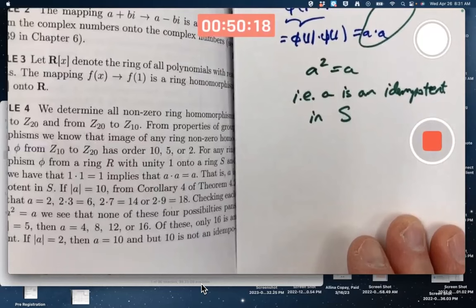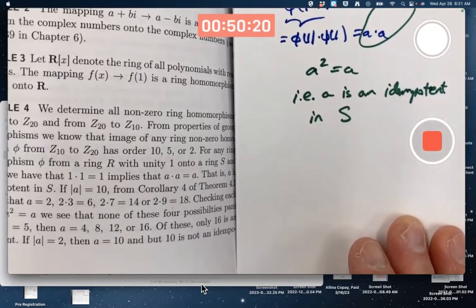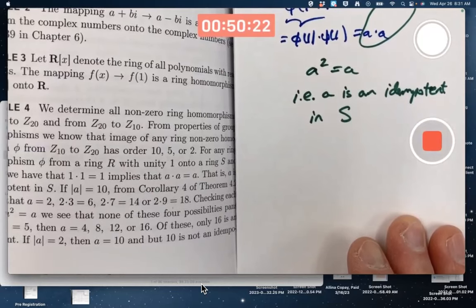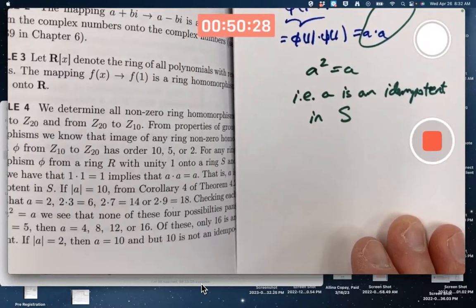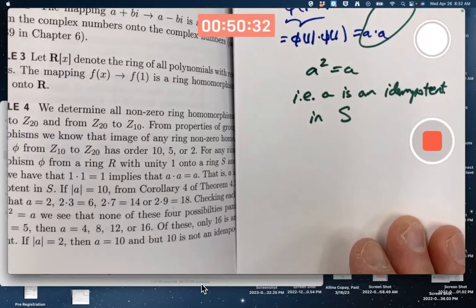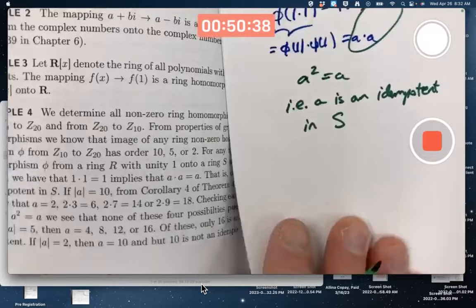Okay, you had a homework problem. I just graded it last night. It'll go in your POs here today. Proving that in an integral domain, the only idempotents are 0 and 1. So if S is an integral domain, the only possibilities for A are 0 and 1.